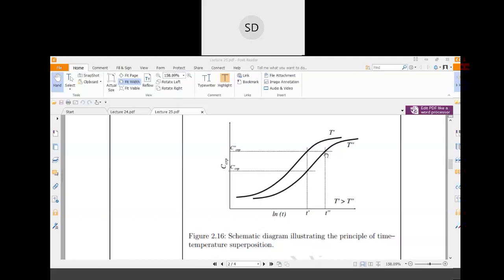So basically that represents the creep of a particular asphaltic material, which is measured at time T dash and T double dash with the temperature T dash and T double dash.